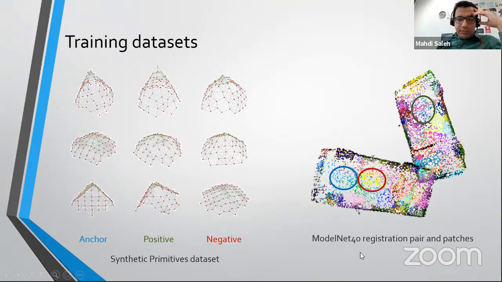For another dataset we train on, which has less supervision, also synthetically generated, and where we do our actual training, is ModelNet, where you have synthetic CAD models, and you can also sample point clouds on them. Then you can run our graphite pipeline to break them down into different patches, describe them, and build these triplets.